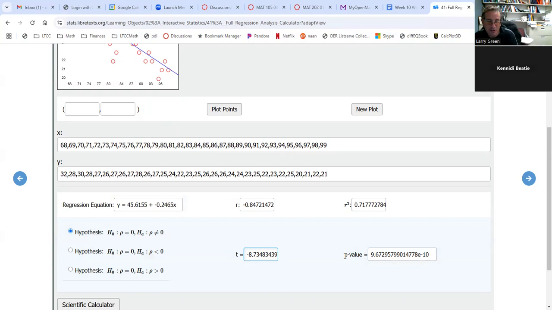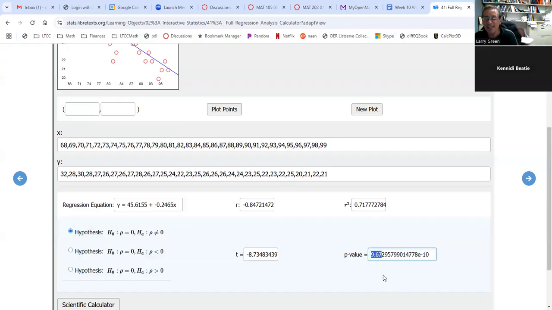Is the p-value around 9.67? Is that what the p-value is? Okay, the answer is no. Remember, p stands for probability. Probability can never be 9.67. Can't have a 967% chance of something happening. And I want to really emphasize this because a lot of people make this mistake.